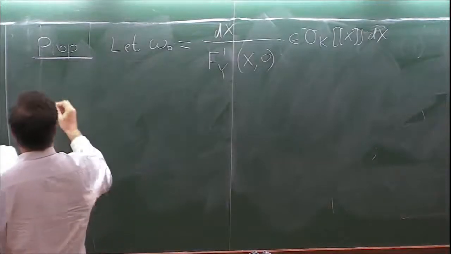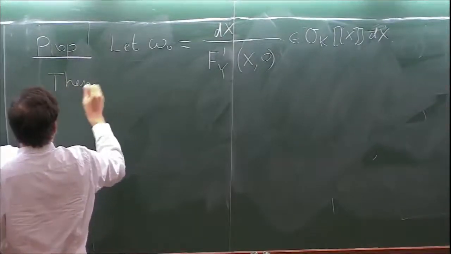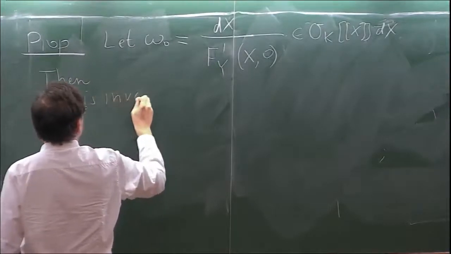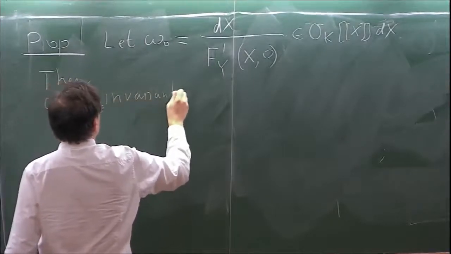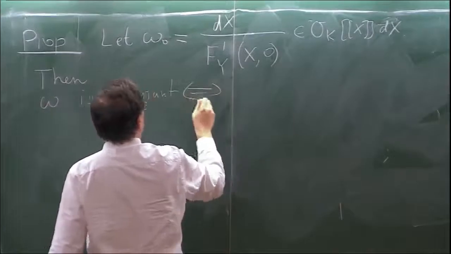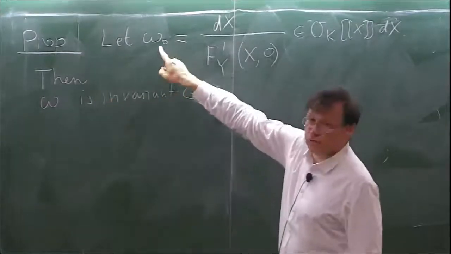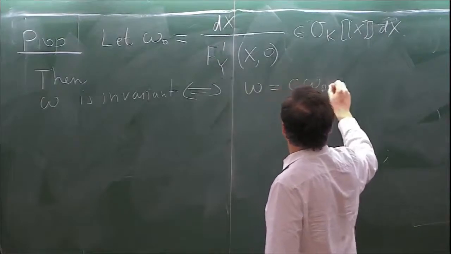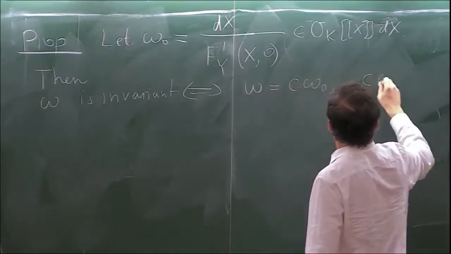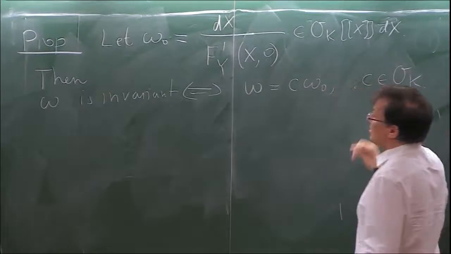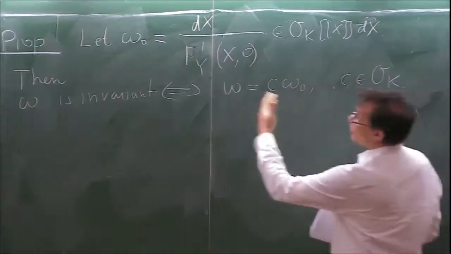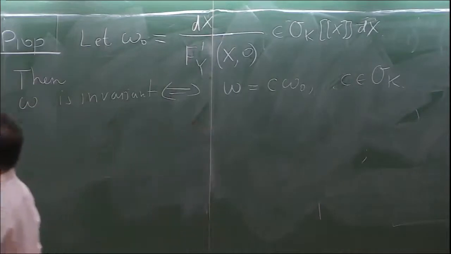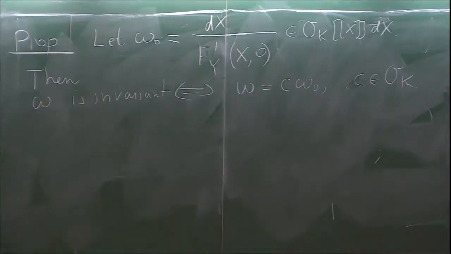So then a form is invariant if and only if it is a multiple of omega 0. So omega 0 generates the one-dimensional module of invariant differential forms.